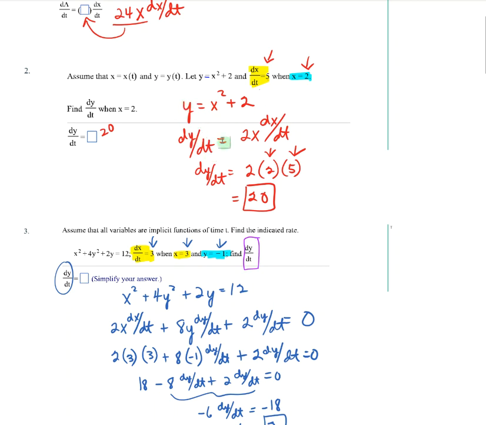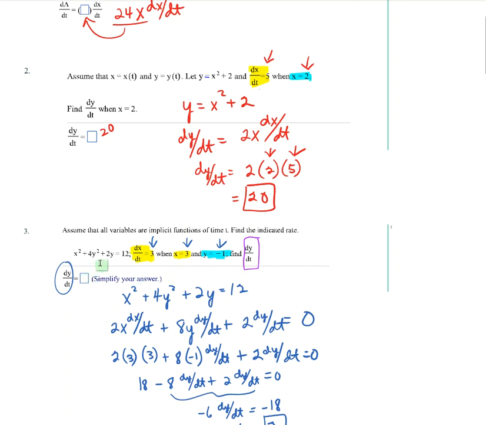So we have dy/dt equals 2x dx/dt plus 0. They gave you what dx/dt was and what x was, so we can plug in for those two pieces, and we get that dy/dt is 20. So that's how we'll do that one.